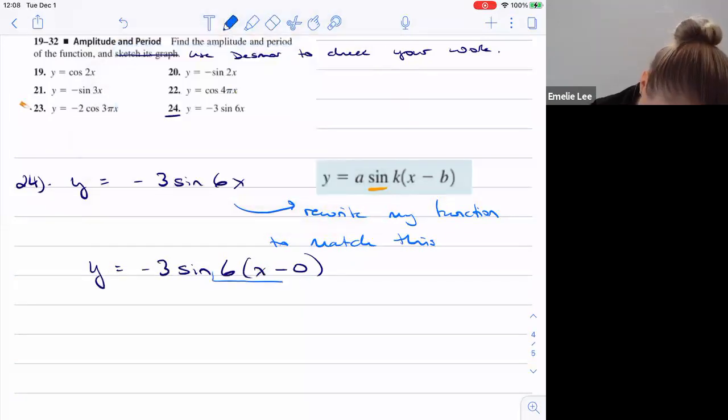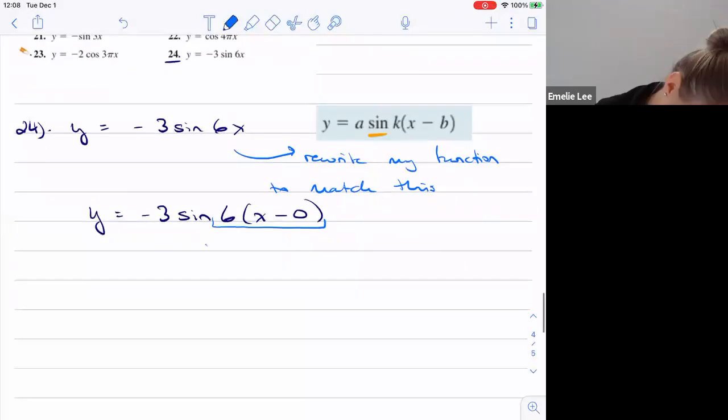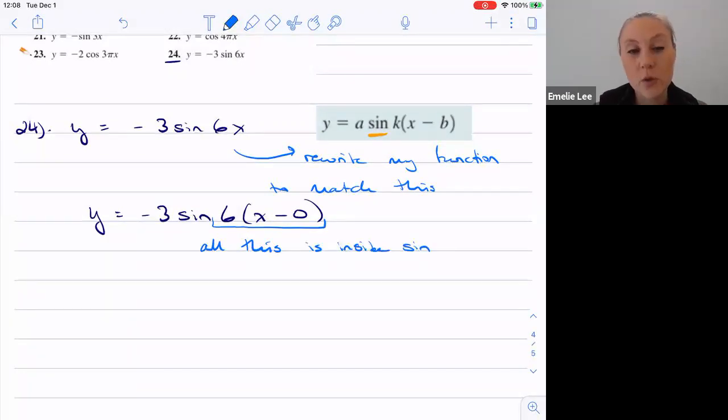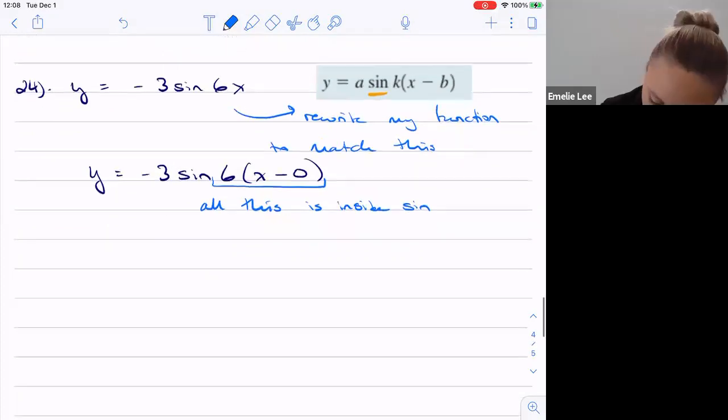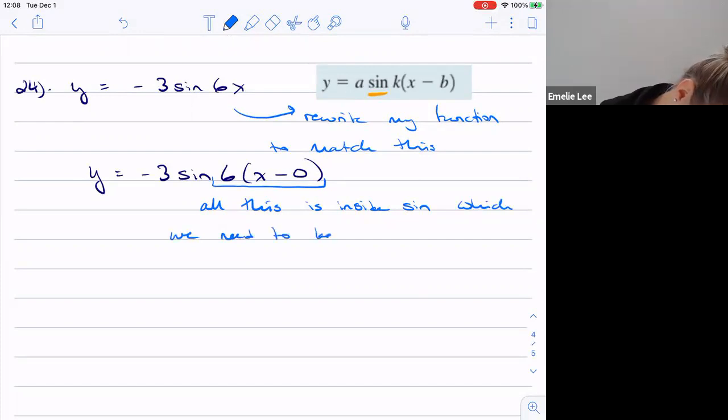Notice that all of this is inside the sine function, which we'll need to keep in mind when typing into Desmos.